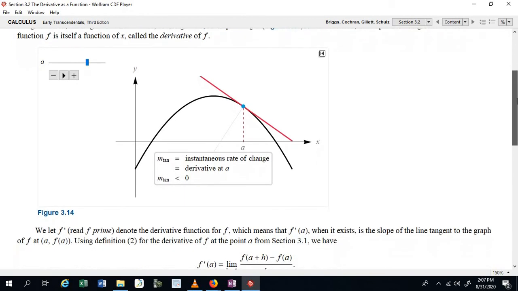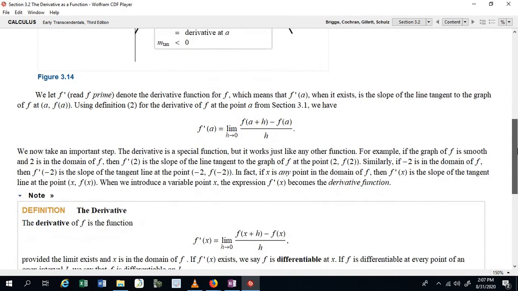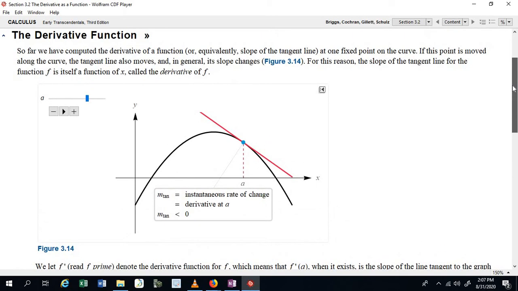Okay, and that function is called the derivative. So essentially the derivative as a function is going to describe the slope of the tangent line to this function at any point in the domain of the function.